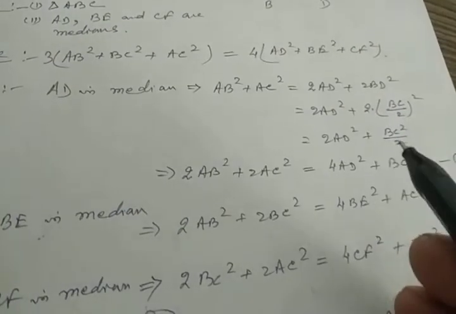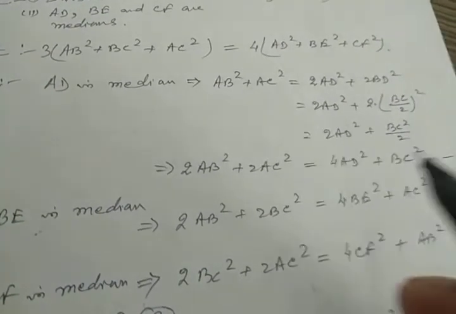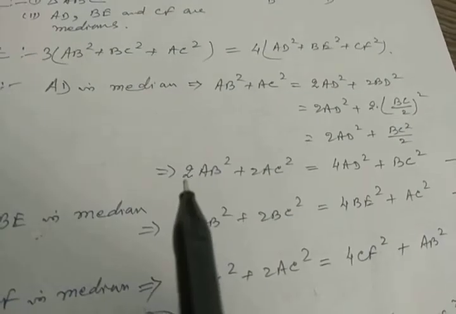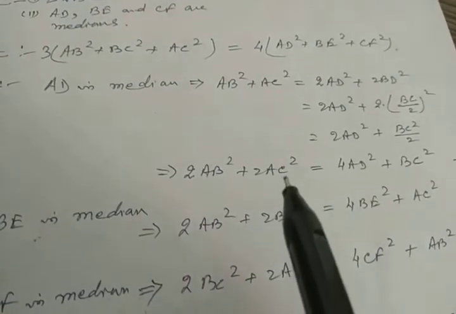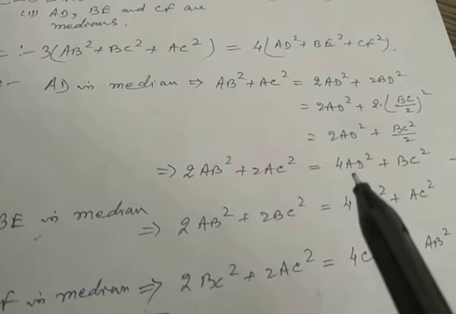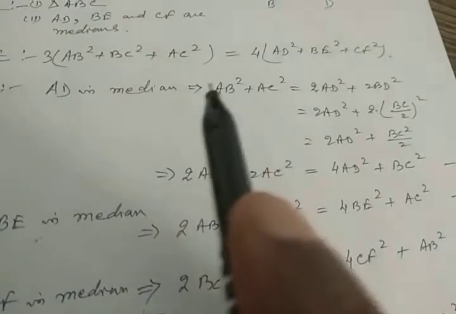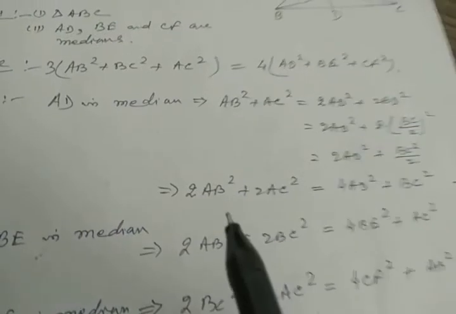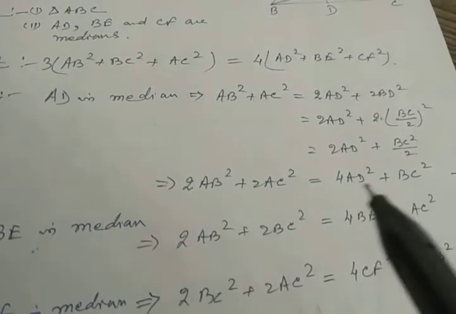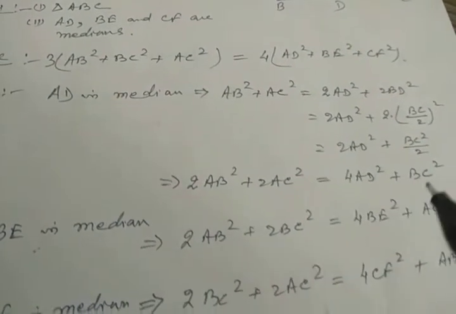So if you simplify, you will find BC square by 4. And now take LCM, and multiply all the terms by 2. So 2AB square plus 2AC square is equal to 4AD square plus BC square.